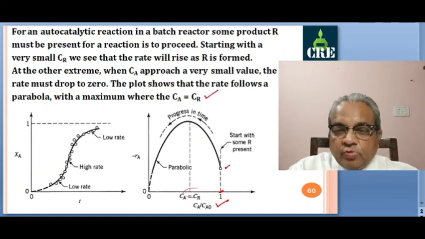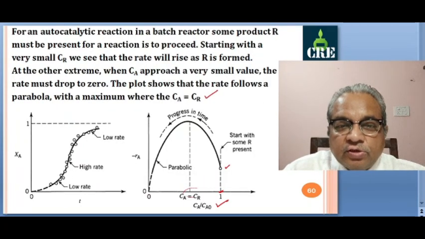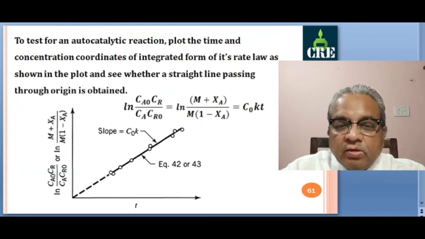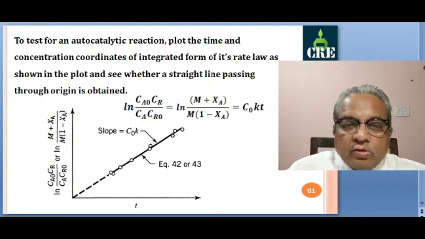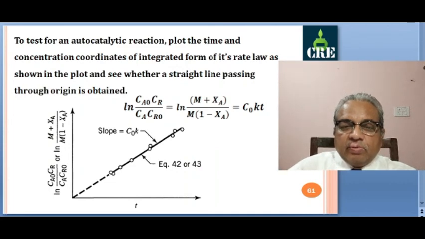So we will stop here today, and in our next lecture we will study further topics. Before we start, one thing: we will see the integrated form of the rate equation that we have already derived. This is ln of Ca0 Cr, or Ca Cr0, where Cr0 by Ca0 you can also write as m, that is ln of (m plus xa) divided by m into (1 minus xa) is equal to C0 kt.